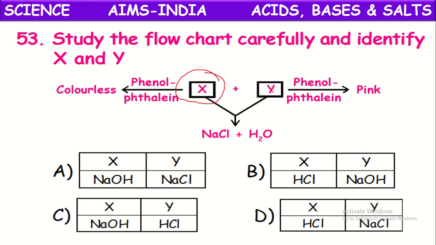And Y on reaction with the phenolphthalein has given pink color. Which substance gives pink color with phenolphthalein? Bases. So Y is a base. So X is an acid, whereas Y is a base. Identify where it is given in that way. X should be acid, Y should be base. Here it is. X is an acid, Y is a base.